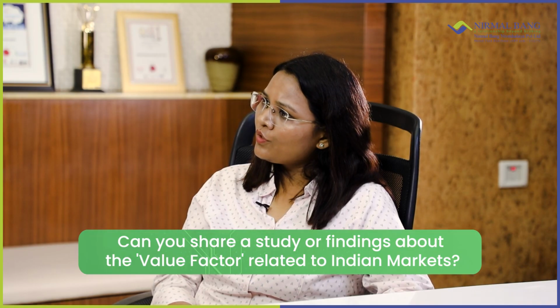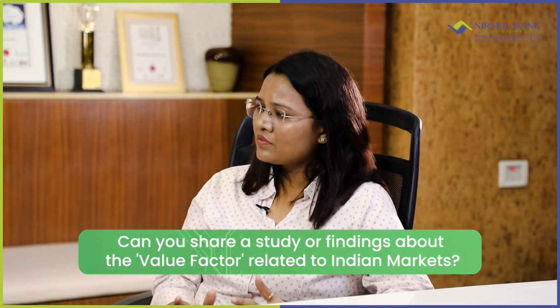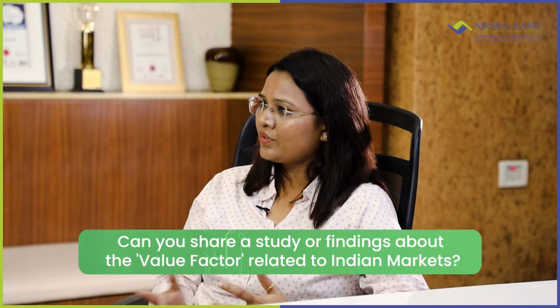Is there any study or findings related to performance in the Indian market which you can share with us? Value tends to do well after every market correction. Whenever you see a market correction, value will start outperforming. We have seen what happened in 2020: there was a complete value correction, and whenever the market corrects, value does well. The same happened in 2008 and 2011. So that's one of the reasons value has been doing well in the last 3.5 years.